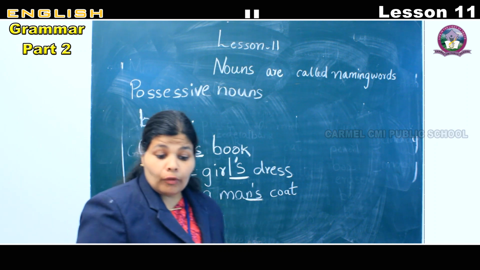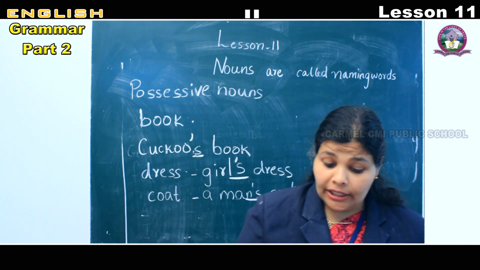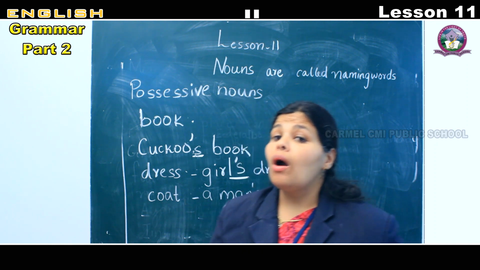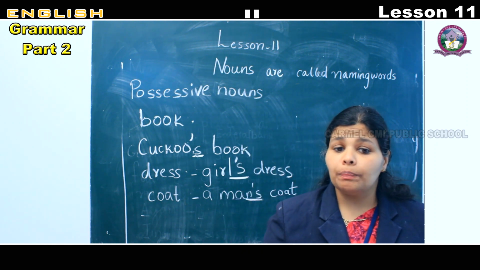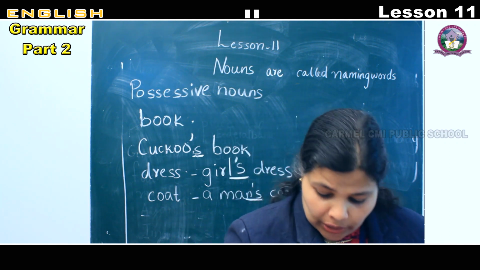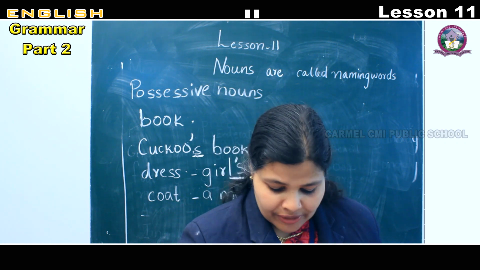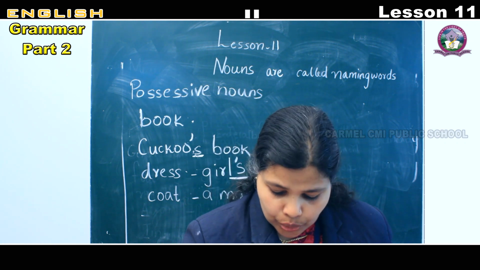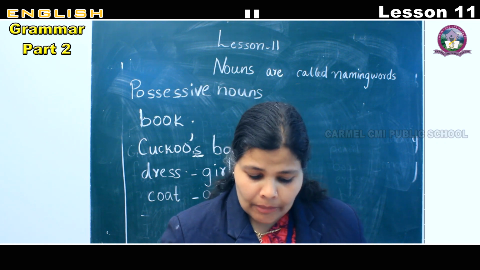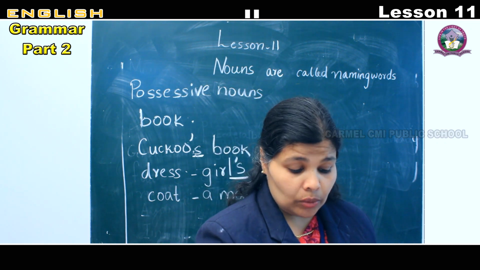Is it clear? We add apostrophe s and it shows ownership. Ownership means it belongs to someone. Now, on page number 39, you have some examples. Please do that and get familiar with possessive nouns.